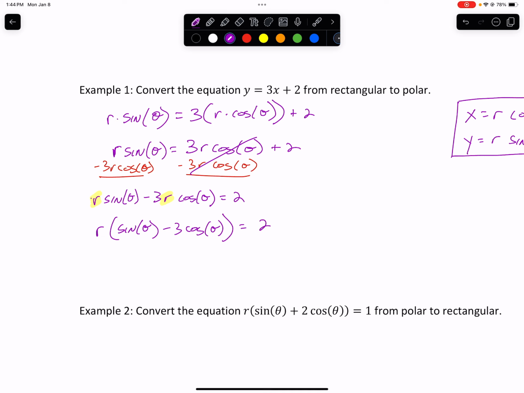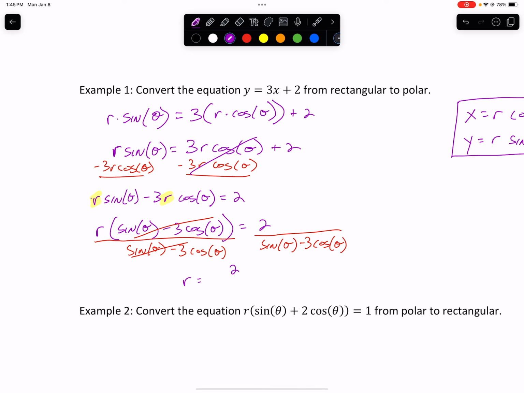And then to solve for r finally, I divide both sides by sine of theta minus 3 cosine of theta. Over here they cancel. We got r equals 2 over sine of theta minus 3 cosine of theta. That is the polar version of this rectangular version.